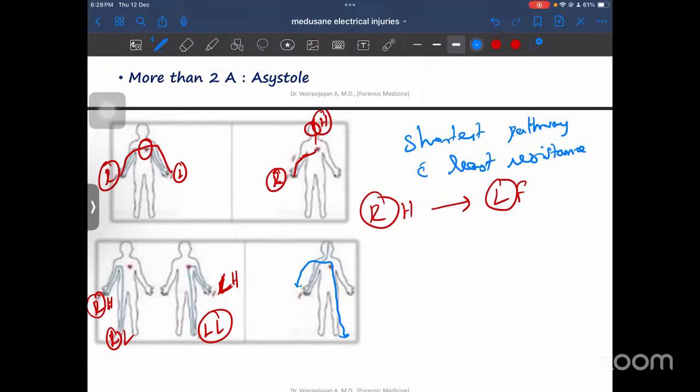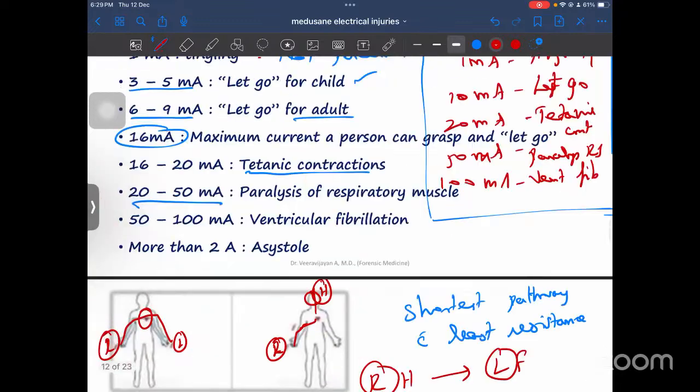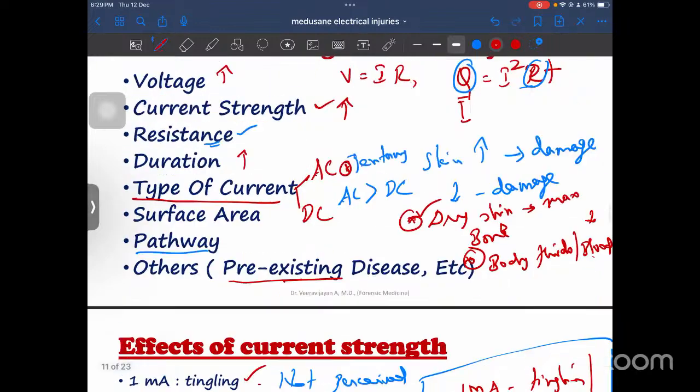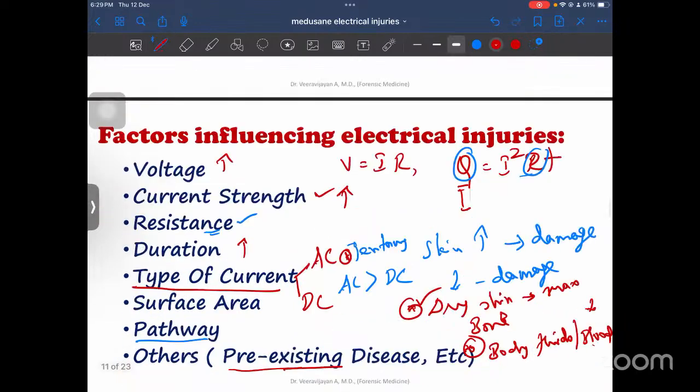Longest pathway means it takes more time to travel and it always passes through the heart. So the dangerous pathway is right hand to left foot. This is about pathway. Apart from this, some pre-existing disease in the individual and difference in the age factor may also play some role in the severity of injury.